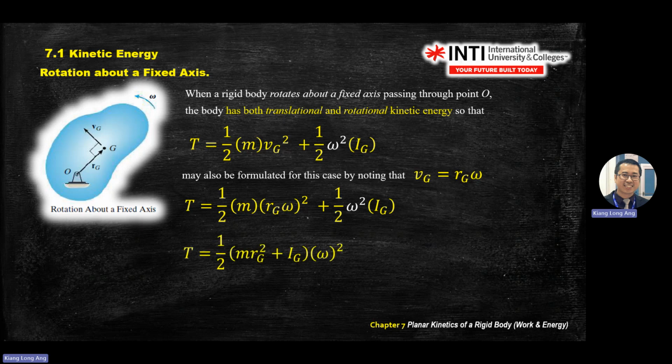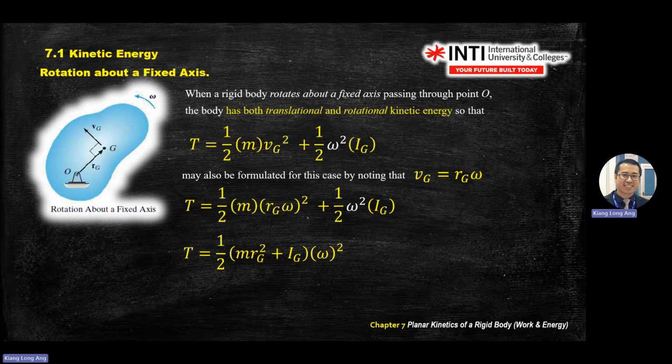So when you combine, you factor out the omega, the angular velocity, you'll get half m r squared plus inertia, times omega squared. So you can change your equation by using v equals omega r.